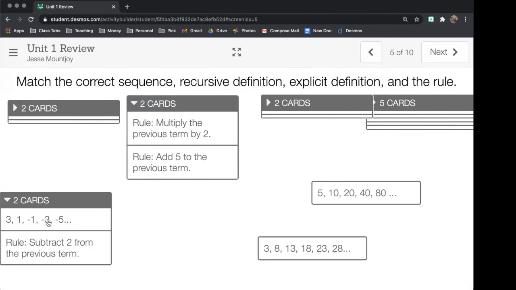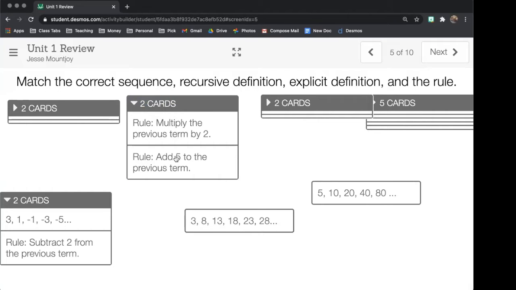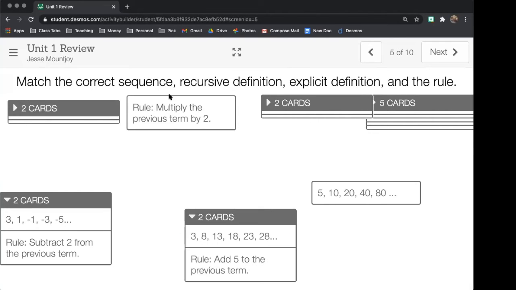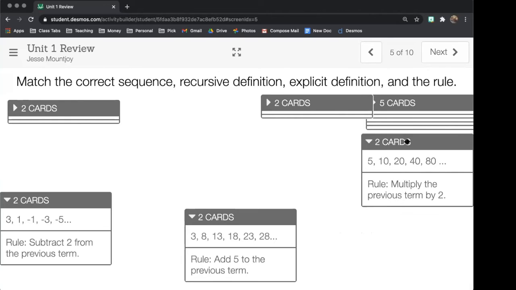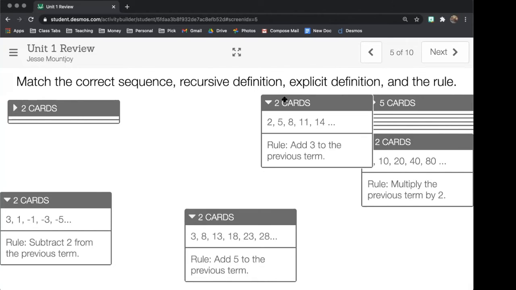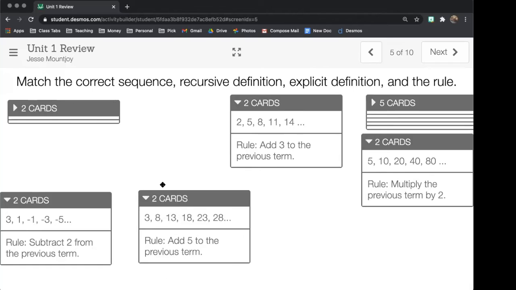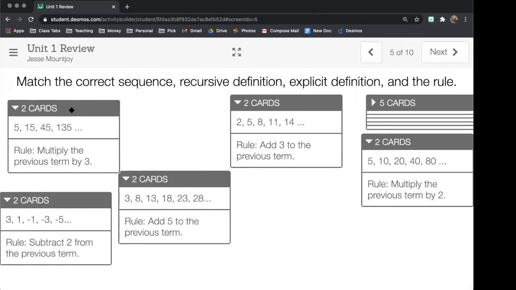Minus 2, minus 2, minus 2, minus 2. And then we have adding 5 or multiplying by 2. So of these two, it looks like this one is adding 5 and this one is multiplying by 2. All right, so I got a good start going. I have the sequence and the rules matched together.